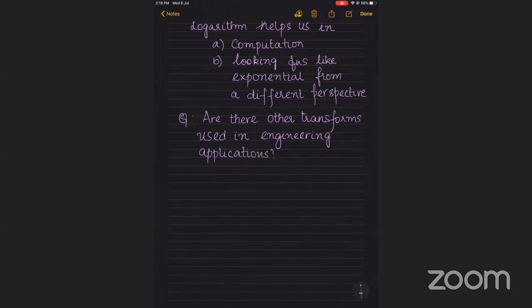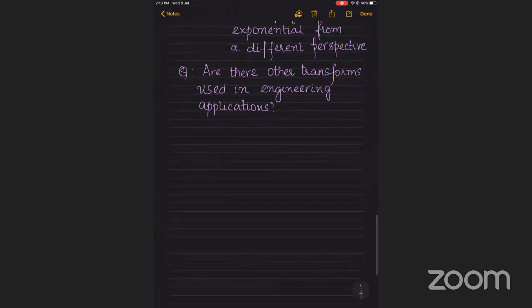There are lots of them. The most commonly studied transforms in the engineering domain, at least in electrical branches, are, yes, the answer is yes to this.